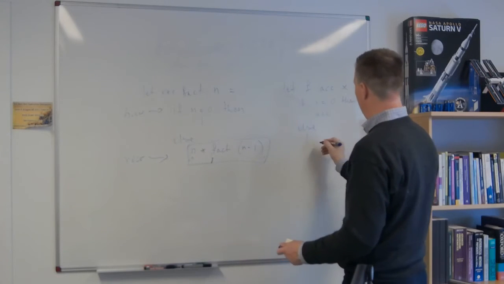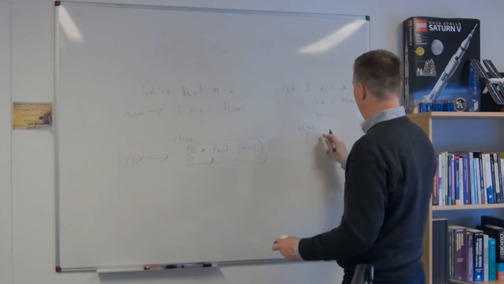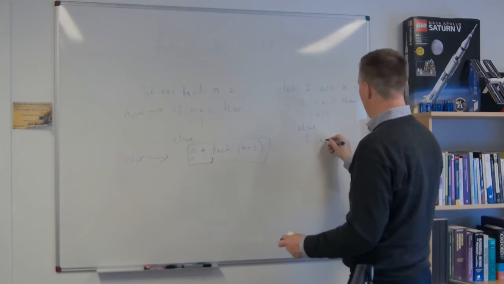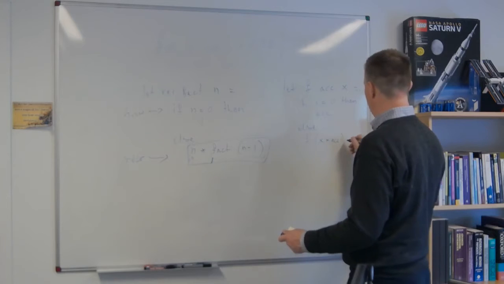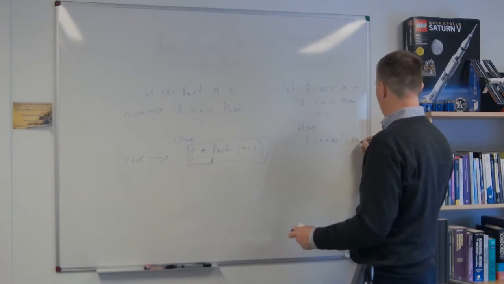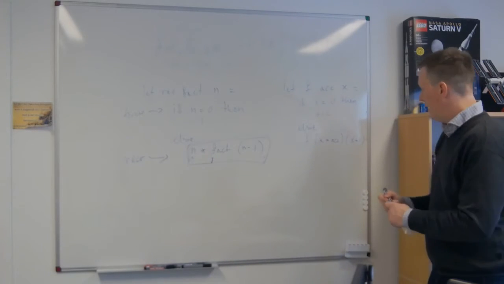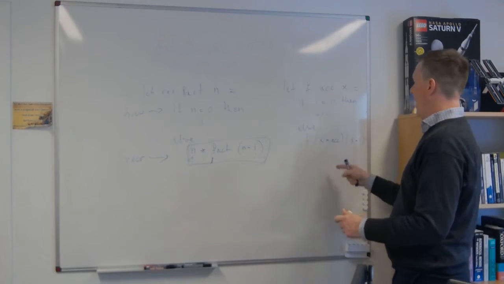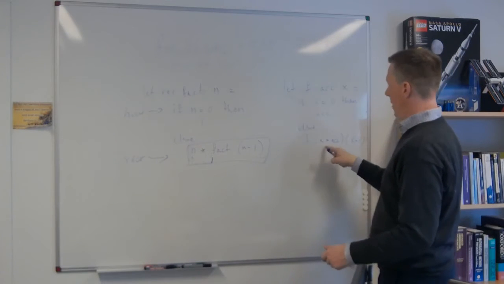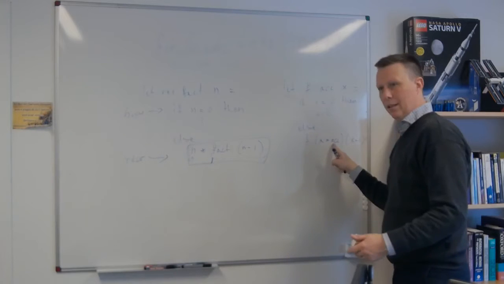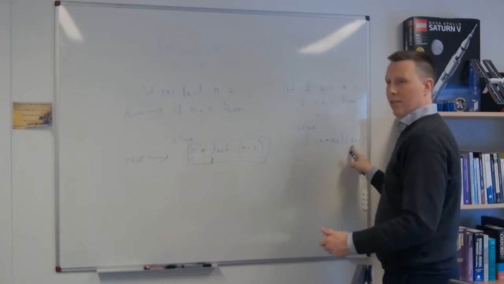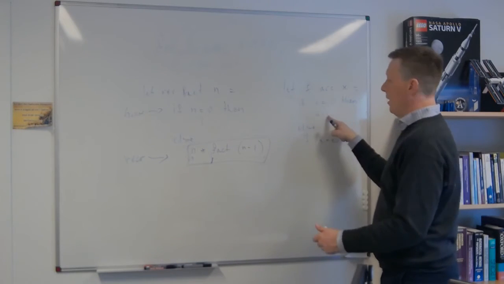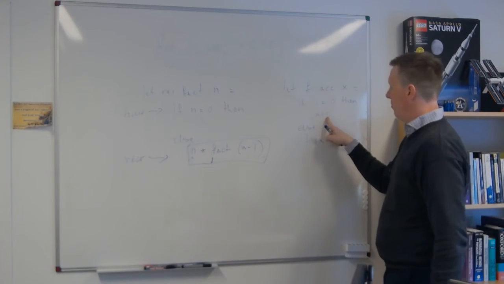call f, x times acc, x minus 1. Right? So now I get down here with a new x, I multiply it with the current result, and then I subtract 1, and we go around until we hit the base case, and then we just return the value.